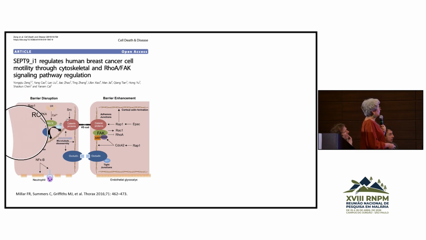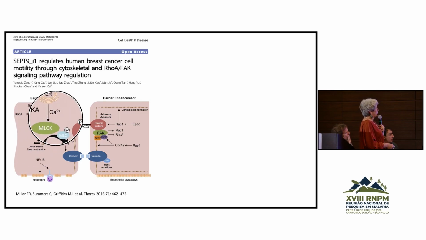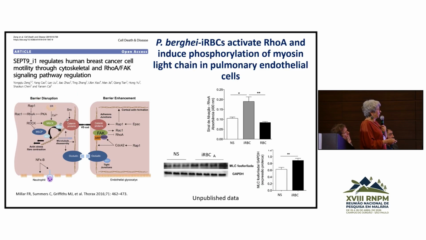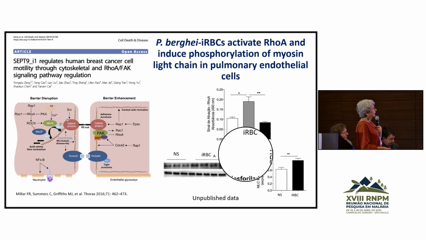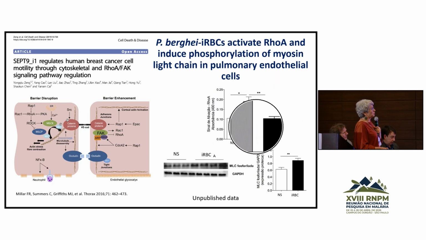RhoA is going to activate the ROCK kinases, which promote the phosphorylation of the light chain of myosin, and this phosphorylation leads to the contraction of myosin. That corroborated the results that we had in relation to the activation of RhoA.